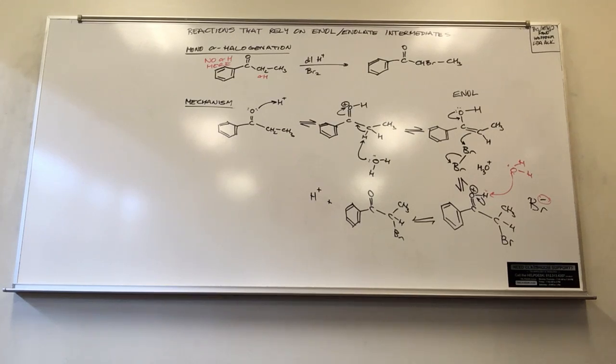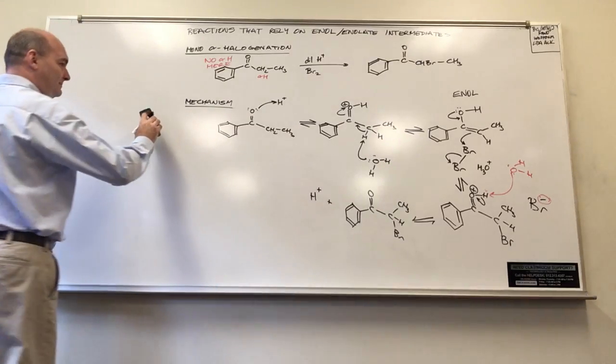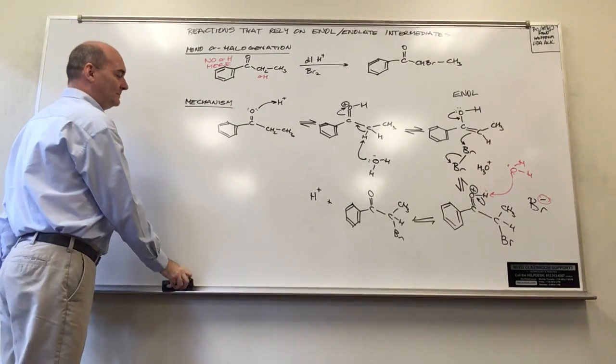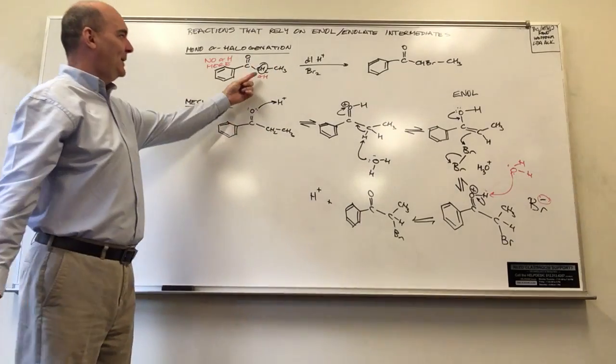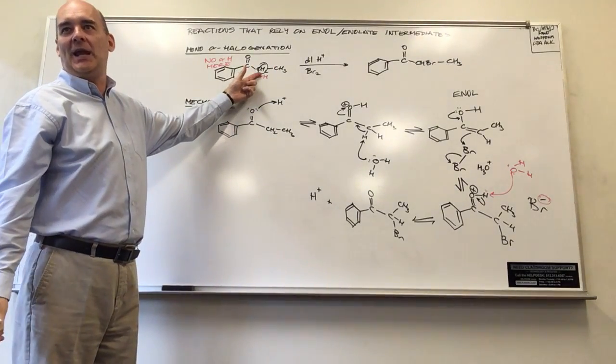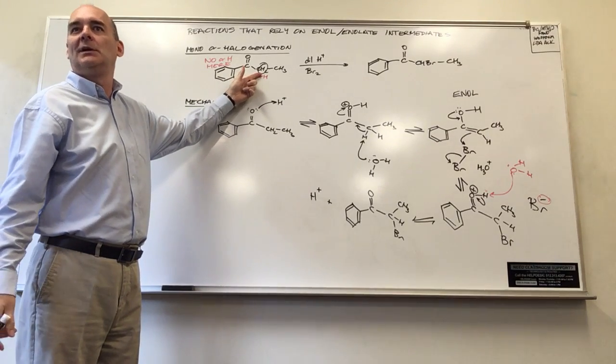Every single step is correct. Why is it wrong? Because we don't have anything protecting the... What was the word that we used to describe the special characteristic of the H that is alpha to a carbonyl and therefore partly enol some of the time?